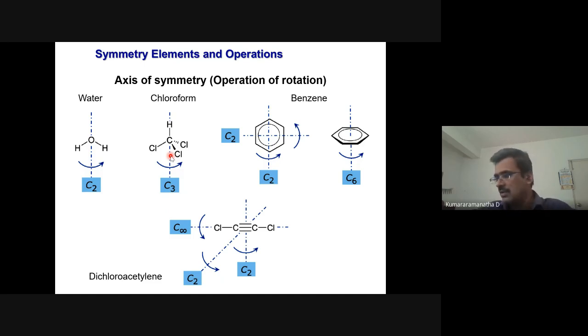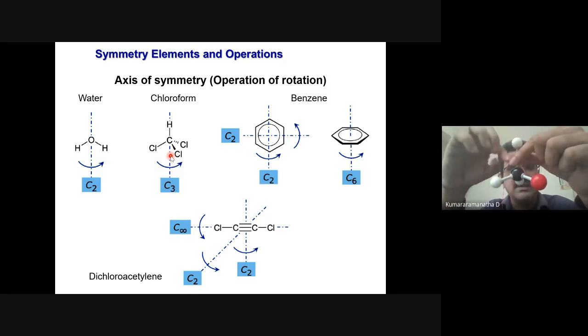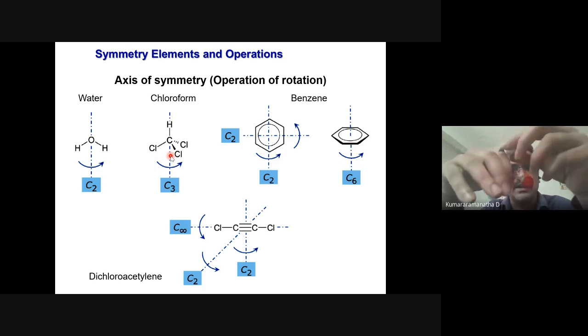Okay, so if you want, I can show it. I don't have all the carbon atoms, but let's see. You can see here, this is the hydrogen, and the chlorines.